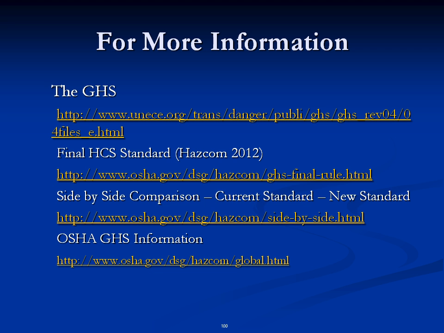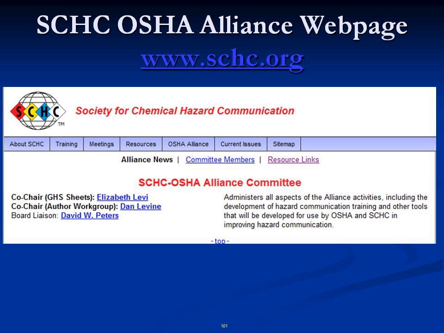The final HAZCOM standard is available here, and so you'll want to make sure again that you have those appendices for ready reference. Also, the Society for Chemical Hazard Communication, which is a professional association that I'm very involved with, has done a lot of work on an alliance with OSHA on GHS awareness, and they have a lot of fact sheets and so forth.